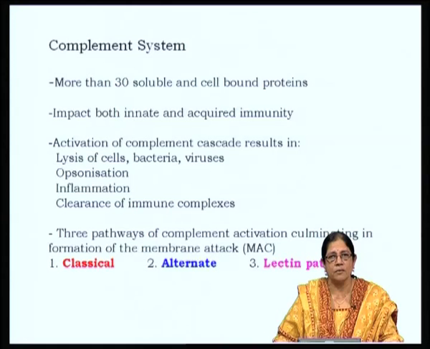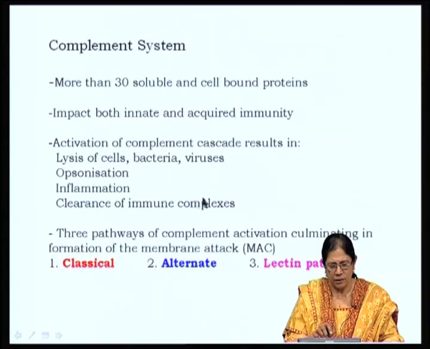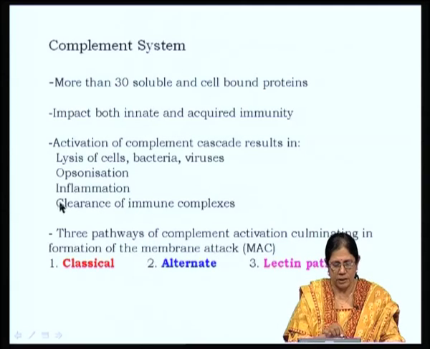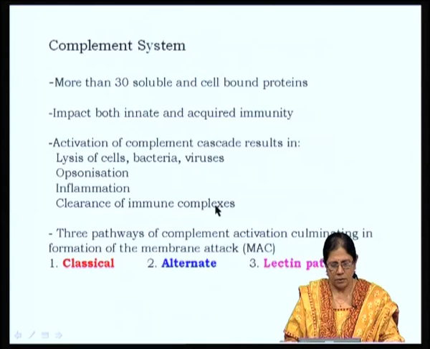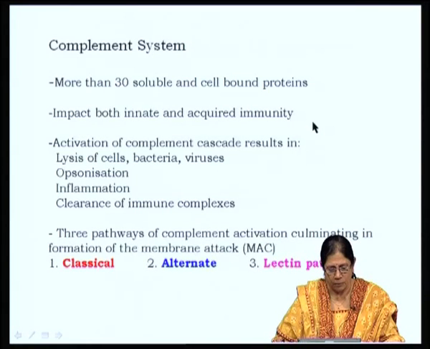But what does this activation of the complement system, whether it is classical, alternate or lectin, what is the ultimate result of the activation? It is the pathways forming membrane attack complex, which now induces lysis of cells, bacteria, viruses, and also causes opsonization, inflammation, and importantly clearance of immune complexes. So, we will be dealing with all these when we look at the activation of the complement cascade.